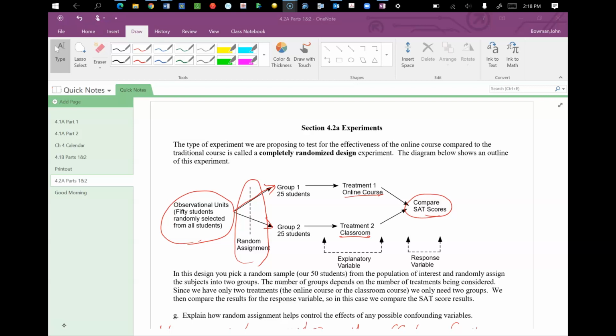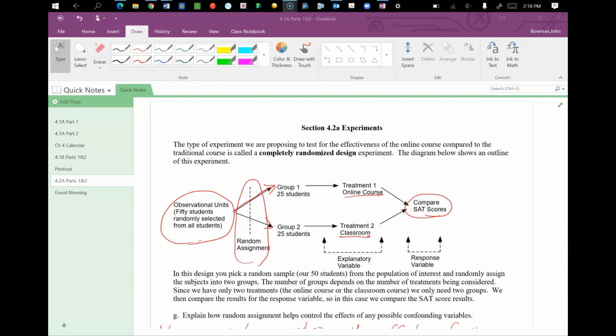Our goal when we run an experiment is for the various treatment groups to be identical in every way except for the differences in the treatments. Then we can say, if we notice a big enough difference in the response variable, that difference must be due to the different treatments.